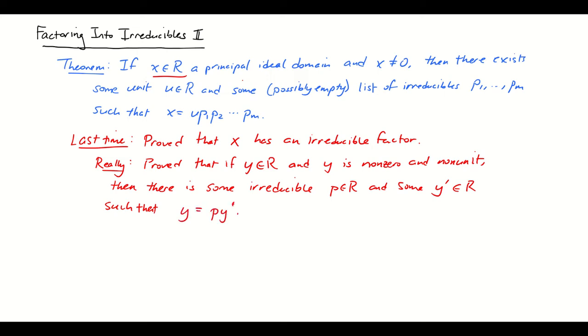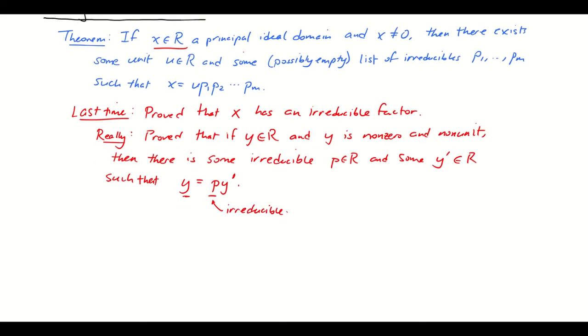And that y prime could be a unit, but in any case, this y will have an irreducible factor. So we're going to use that to complete the proof of this theorem now.